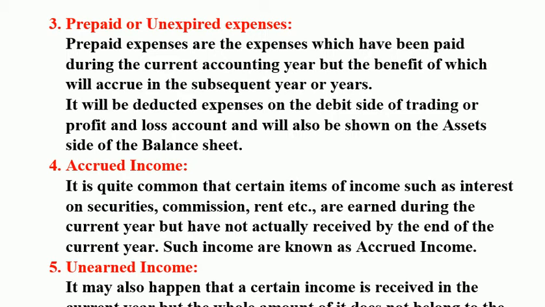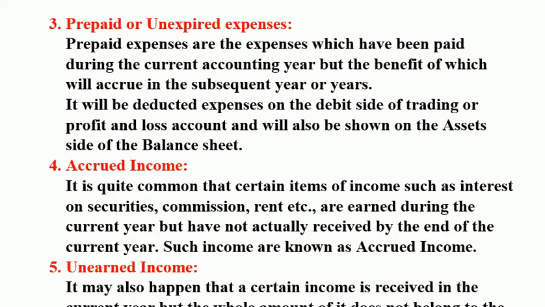So how will we treat these prepaid expenses in our books of accounts? It will be deducted from the expenses in your trading account or profit and loss account, and it will also be shown on the asset side of the balance sheet. Why? Because this is not related to this current year's expenses. As we know, we record only the items which are totally related to the current year.